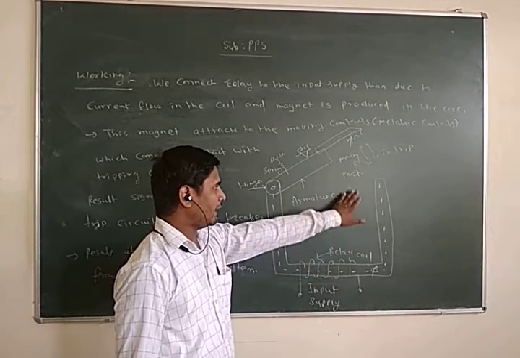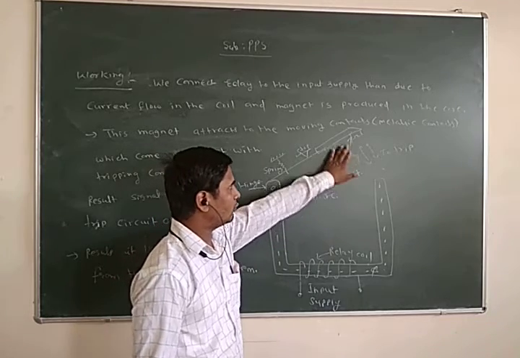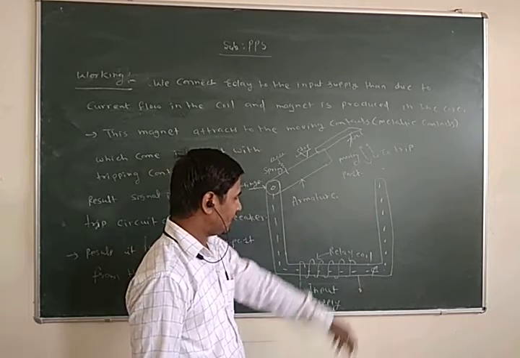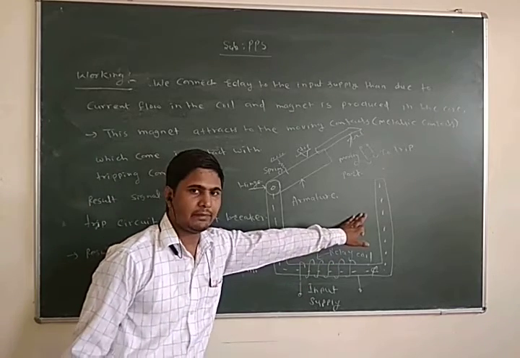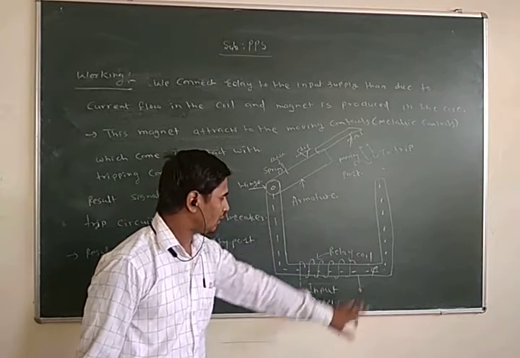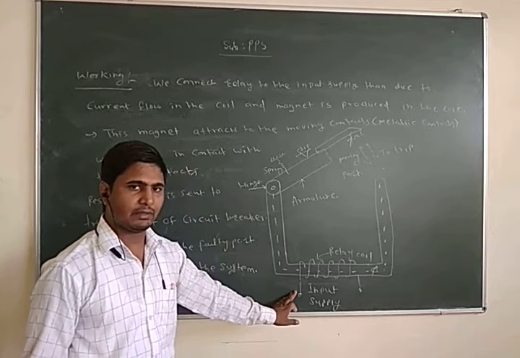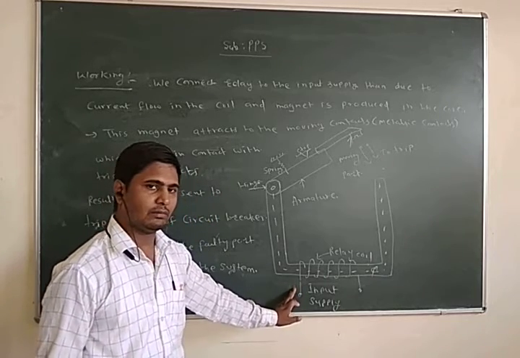Now, the operating force on the moving contact depends on the magnitude of flux phi or the current flowing in the supply or in the relay coil.